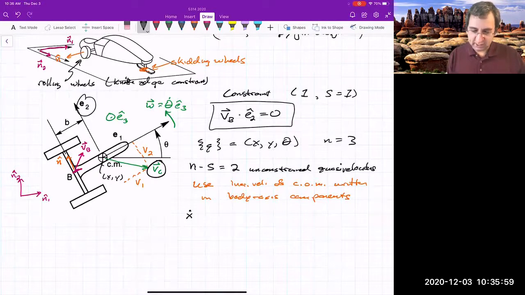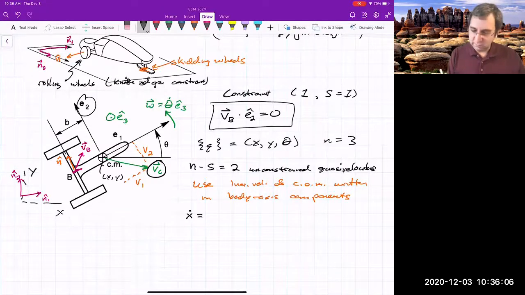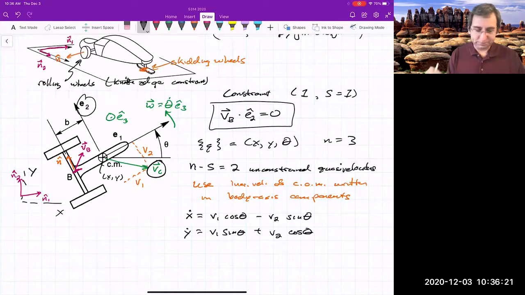So what is X dot? This is X, this is Y. X dot is V1 cosine theta minus V2 sine theta. Y dot is V1 sine theta plus V2 cosine theta. So it exactly has the form.